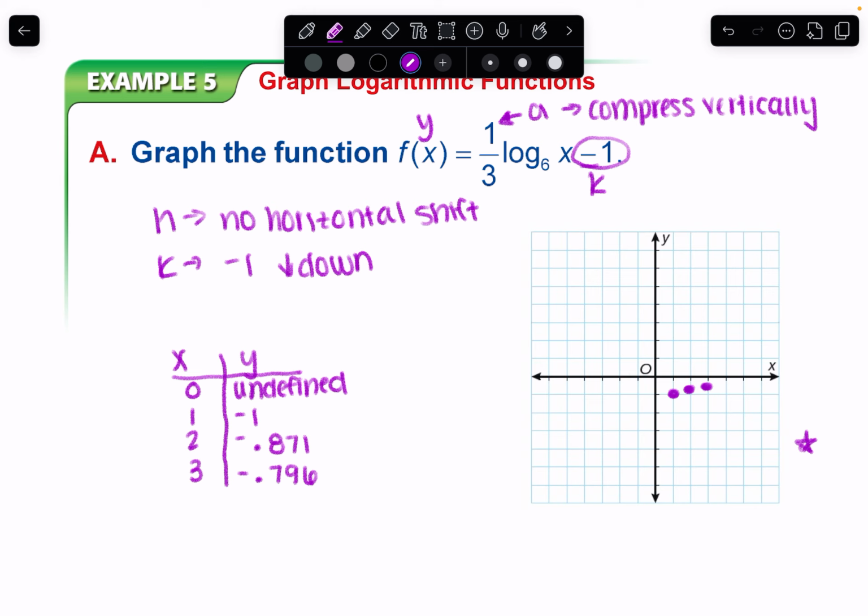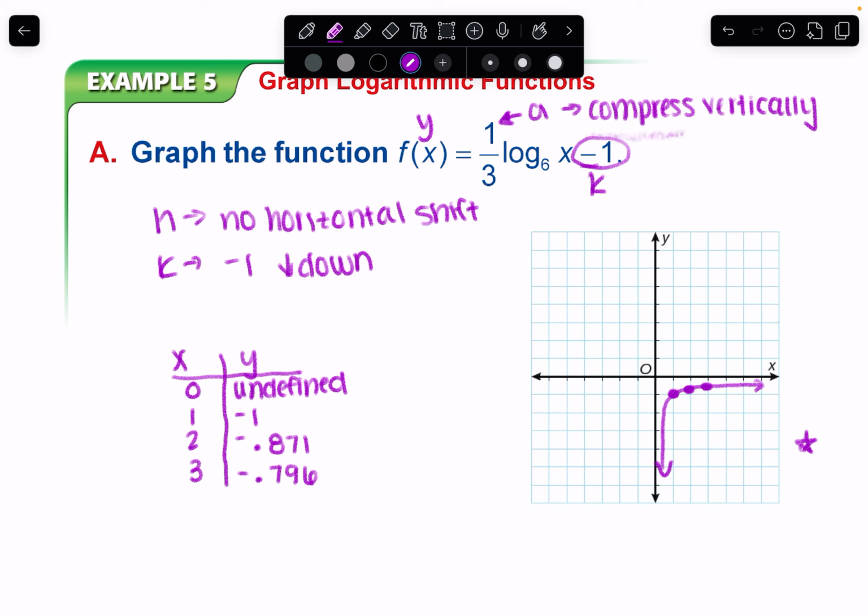If I were to keep plugging in 4, 5, 6, 7, 8, the numbers are going to get closer and closer to 0, but never actually touch 0, which is why 0 is undefined. Your calculator may have told you error. So whenever you graph this, your graph will look like this, okay?